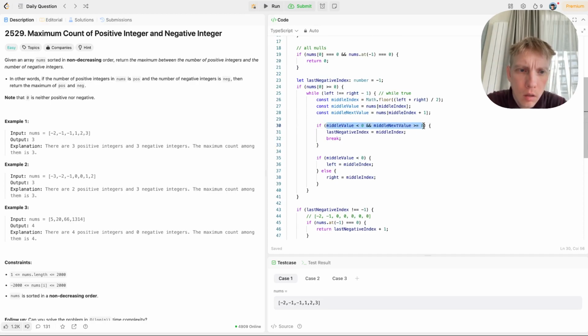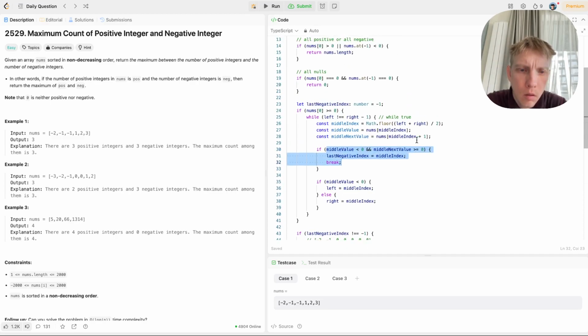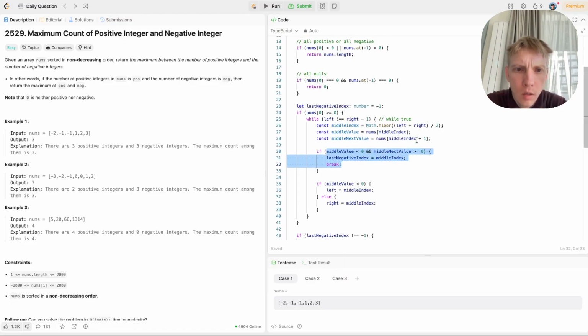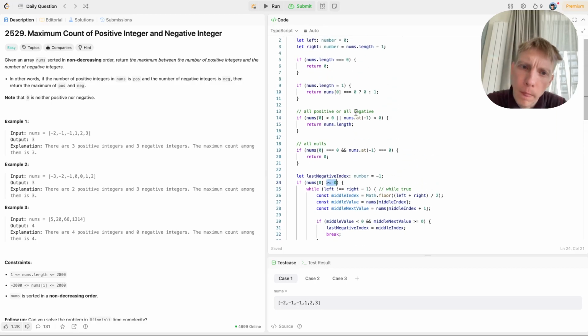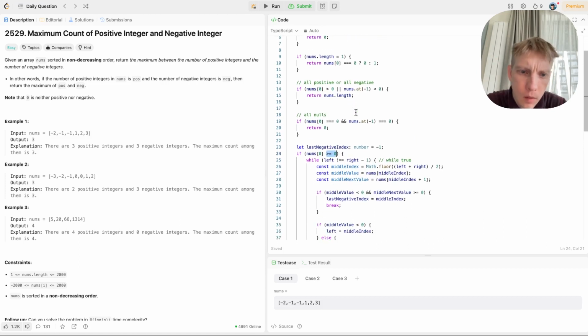And here we're looking for the edge between negative number, because we know that there is a negative number, and we know that there is 0 or positive number. Yeah.